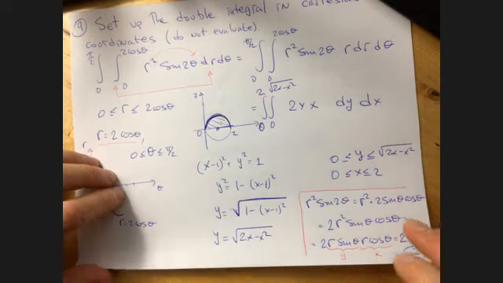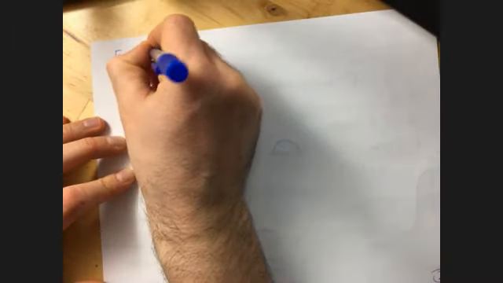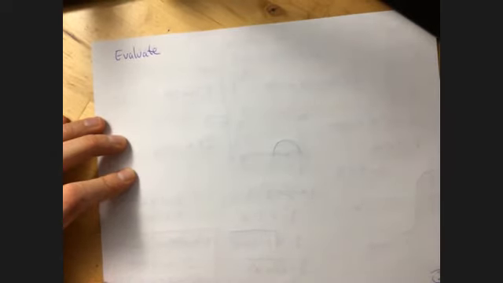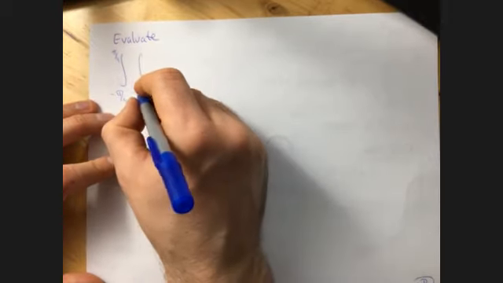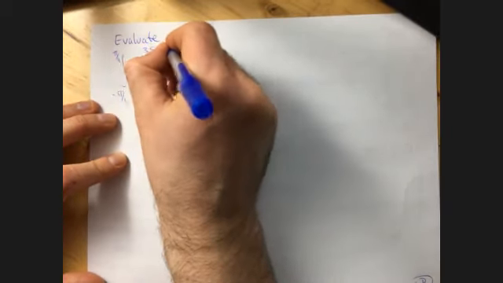And the last problem is to evaluate the integral from negative pi over 4 to pi over 4, from 0 to 3 secant theta.